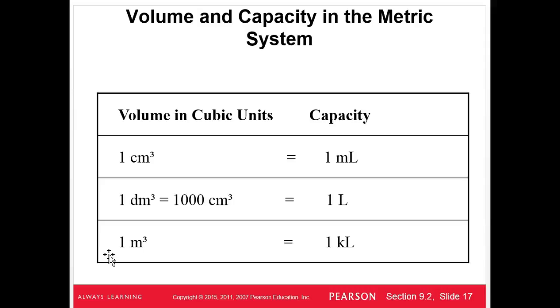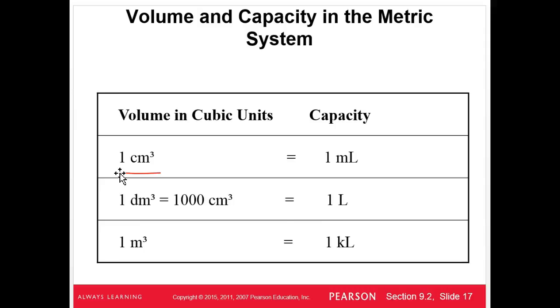All right, cubic units that deal with length, like centimeter, centimeter, centimeter. Again, in the metric system, the conversions are just so much easier. The numbers are just so much nicer.